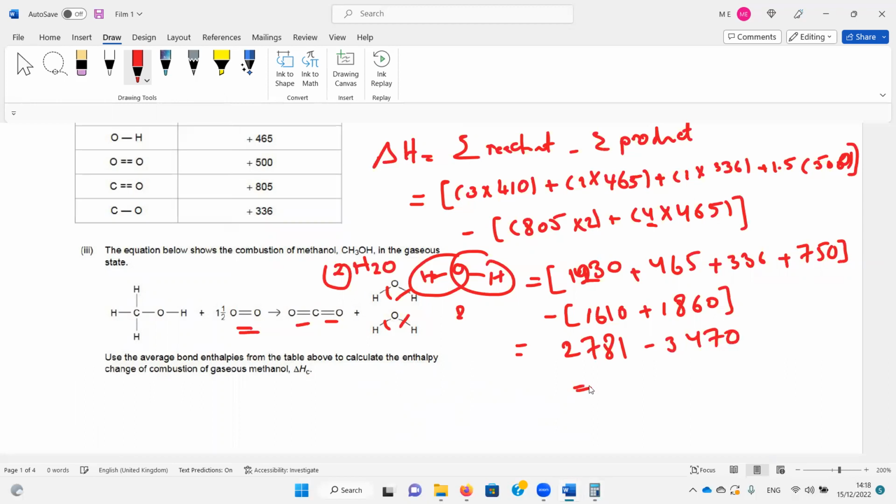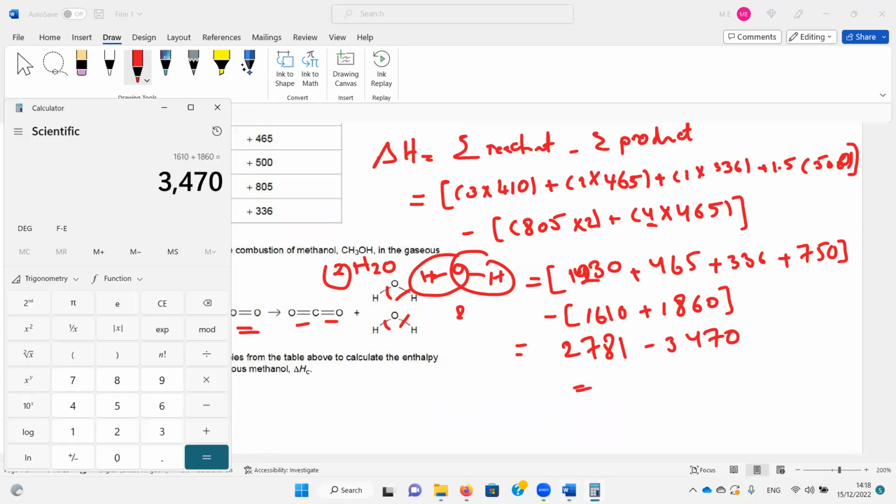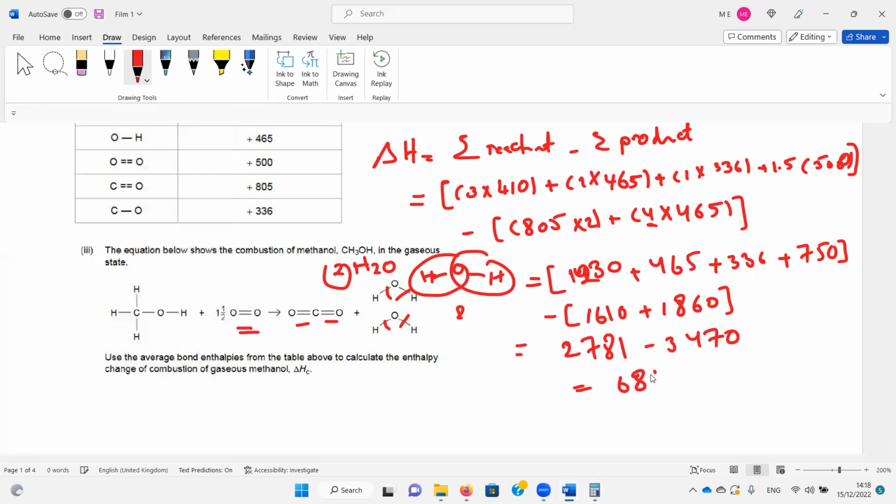So the final answer is 2781 minus 3470. The answer will be negative 689, and negative because this number is negative, kilojoules per mole.